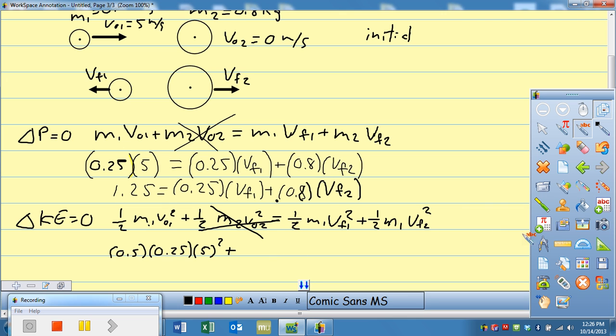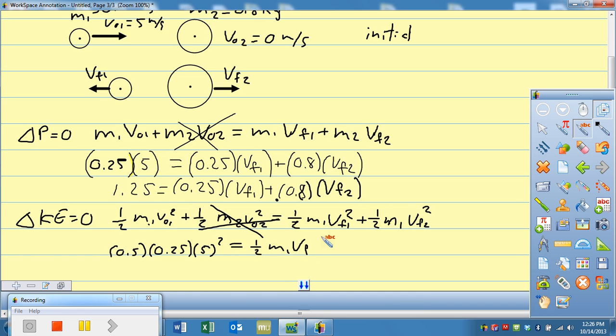So actually, instead of calling it plus, I'm going to erase that, and I'm going to say that has to equal 1/2 m1 v final 1 squared plus 1/2 m2 v final 2 squared. One thing I'm thinking as I look at this, you got a half, a half, a half, right? If we multiply both sides by 2, we can get rid of all the halves.